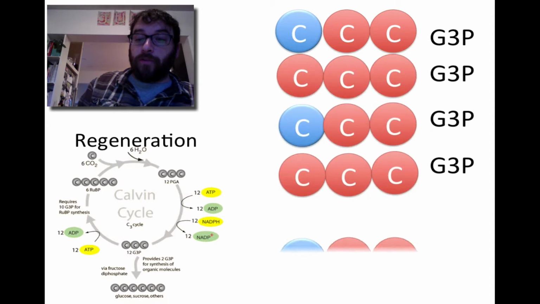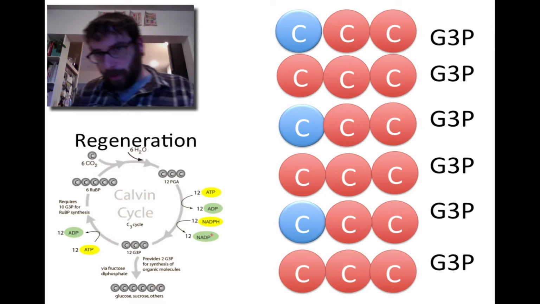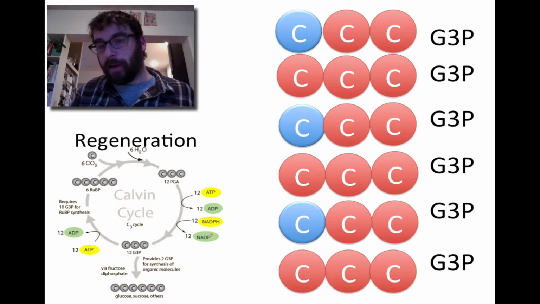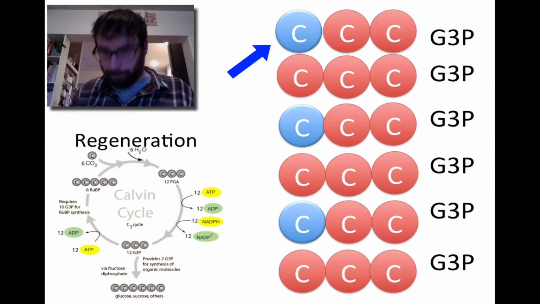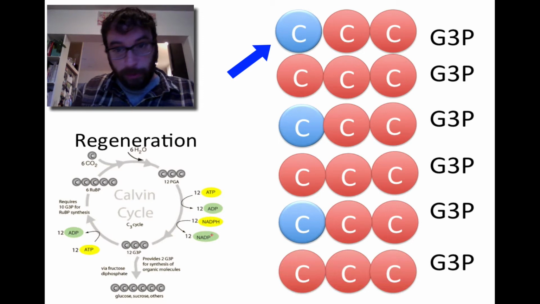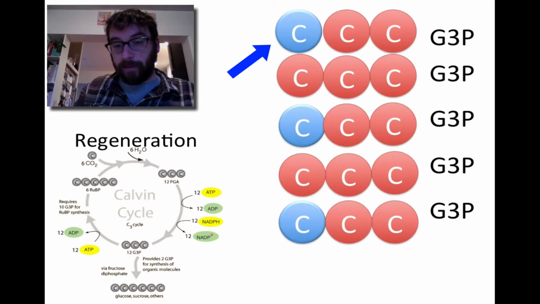So once you have 12 G3Ps, and here's 6 of them, you've got 6 new carbons in the molecules in the plant. If you look at the molecules shown on the slide, the blue C's indicate carbon from carbon dioxide, and here's the other 6.